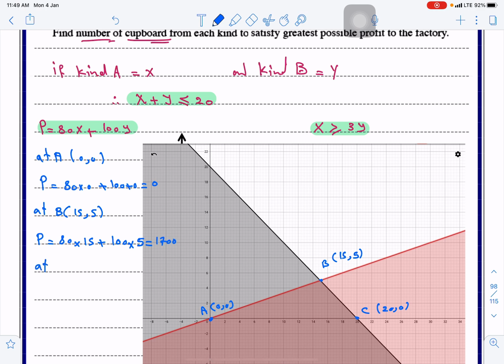At point C, 20 and 0, the function equal 80 times 20 plus 100 times 0 equal 1600.